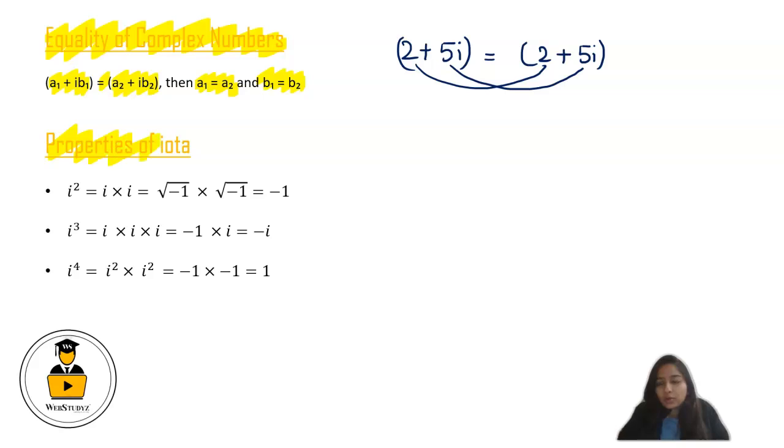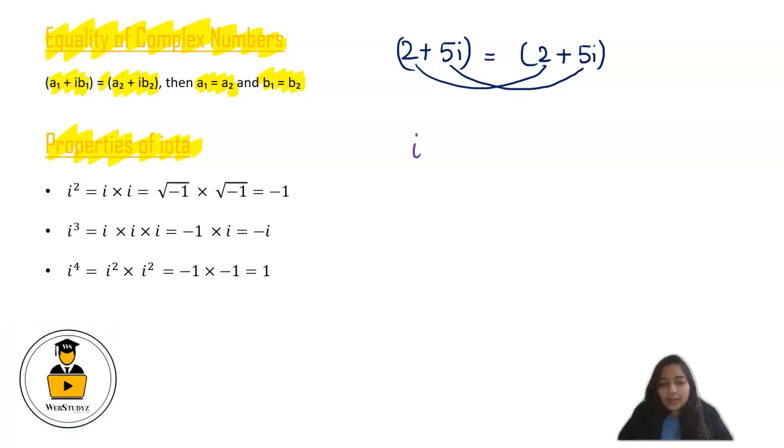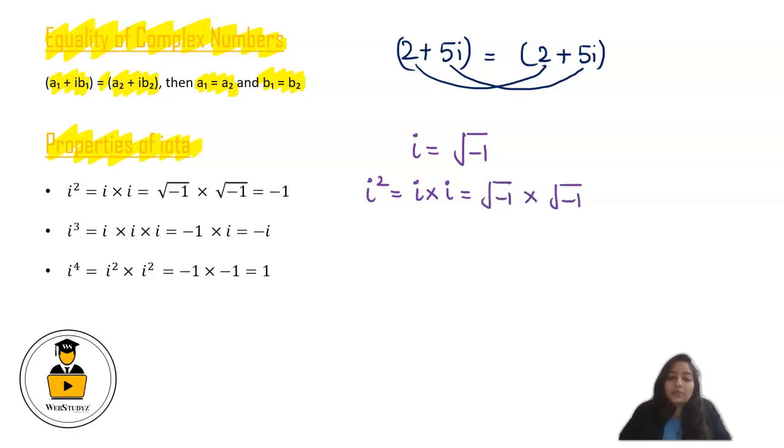Now moving towards some properties of complex numbers. Properties of iota: iota is equal to under root of minus 1. Now we can find the value of iota square. What is iota square? Iota square is iota multiply iota. That means under root of minus 1 multiply under root of minus 1, which is minus 1.